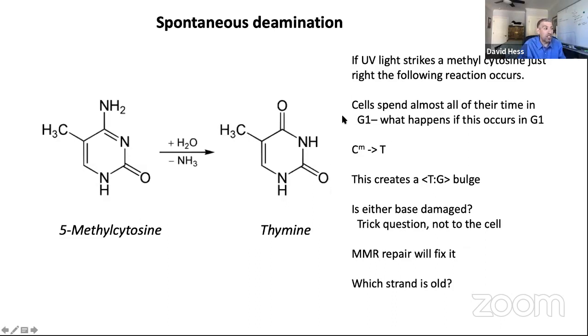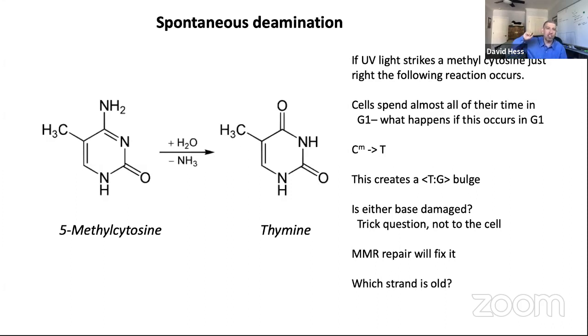Whether that will be the strand that has the methyl cytosine that's been mutated to a T, or the G, is a 50-50 chance. So there's a 50% chance that mismatch repair will fix this correctly, and a 50% chance that it'll fix it wrong, and it will actually cause the C to T mutation to come in.